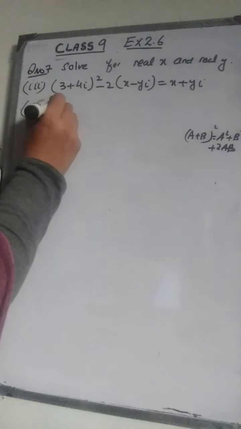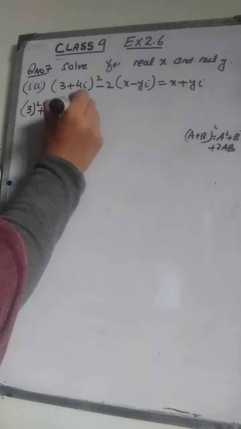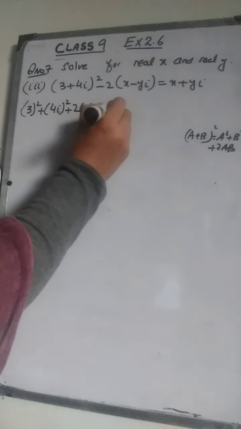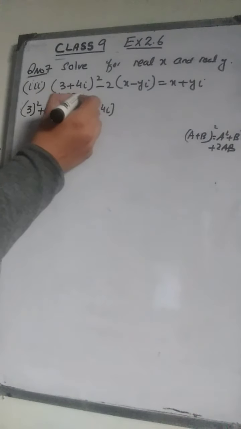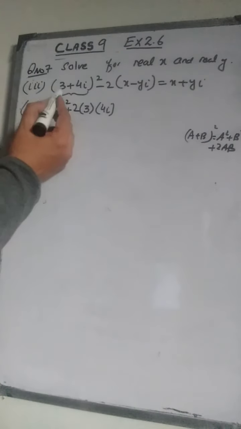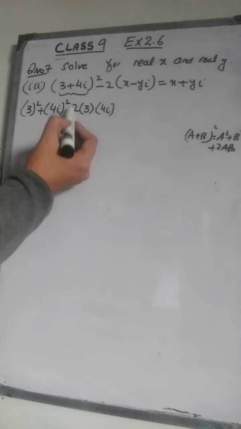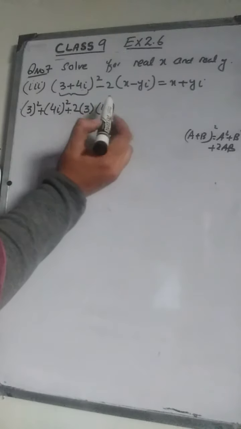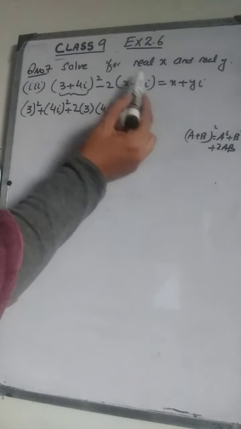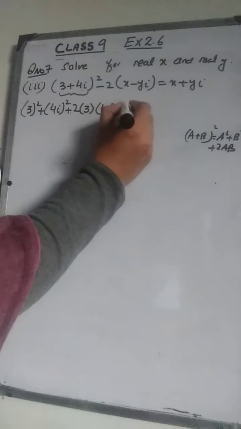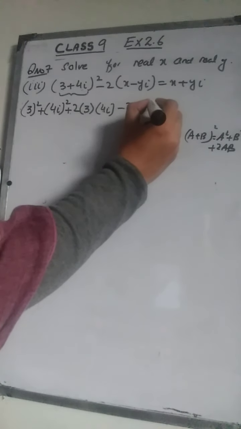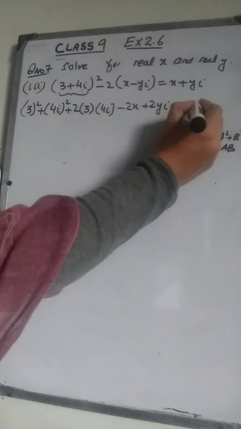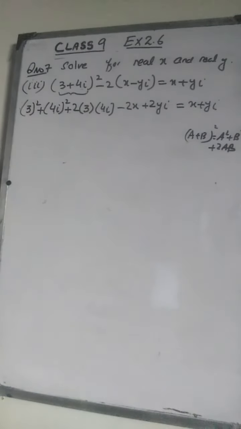By using that formula, we are going to get 3 square plus (4 iota) whole square plus 2a into b. I have extended this formula. Then opening this bracket, minus 2 will multiply with x and negative y iota, this will be minus 2x plus 2y iota, minus times minus is plus, is equal to x plus y iota.